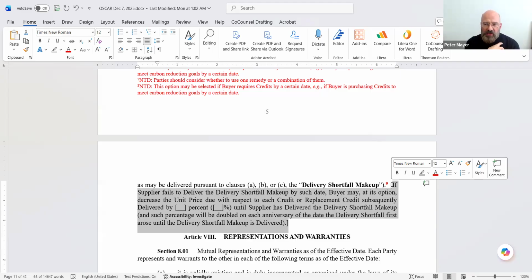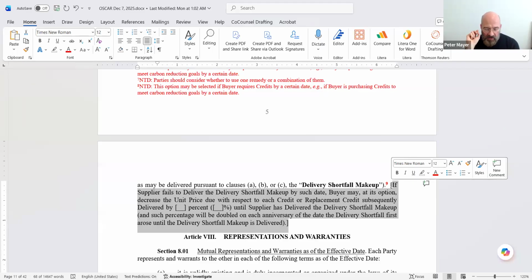And we are prepared to distinguish between a shortcoming in the generation of credits, because there may be issues beyond the control of the supplier, and the technology isn't advanced enough yet. It's not technologically proven yet, or for whatever reason.